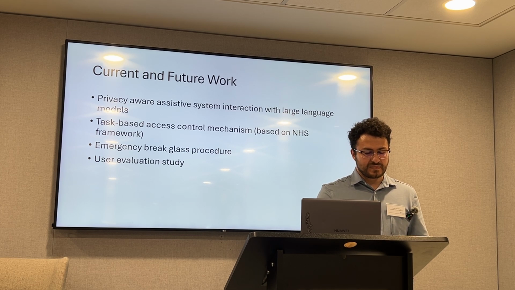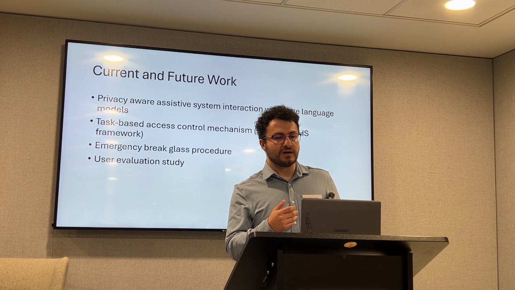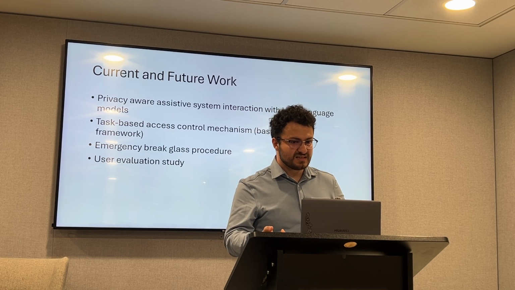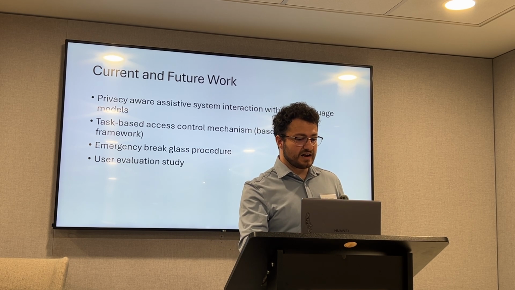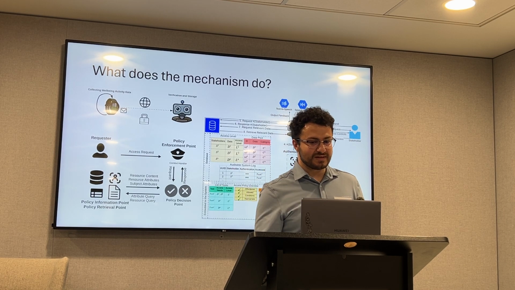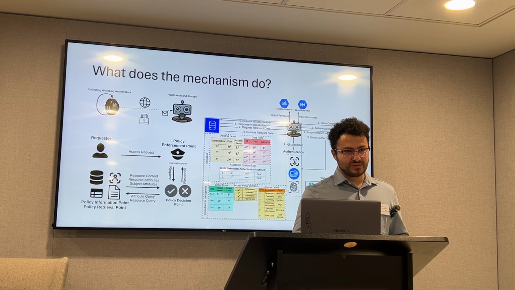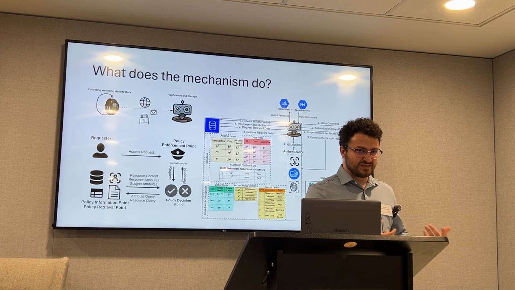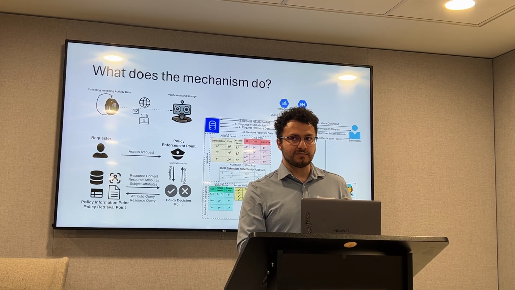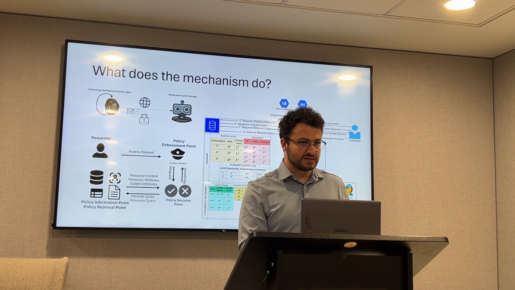In that sense, the conditions would be controlled in terms of which user is allowed to perform what task. And the limitations are exactly that: mapping the capabilities of the robot to what the healthcare staff need, and what each one requires on a daily basis, is the biggest limitation.